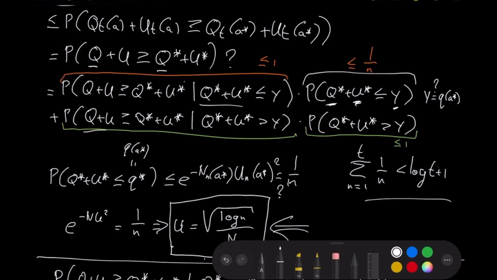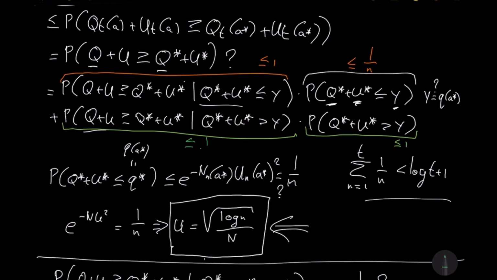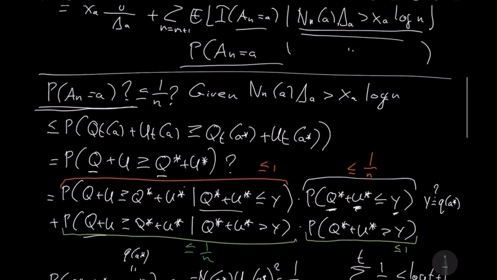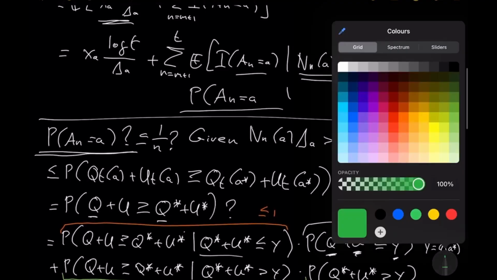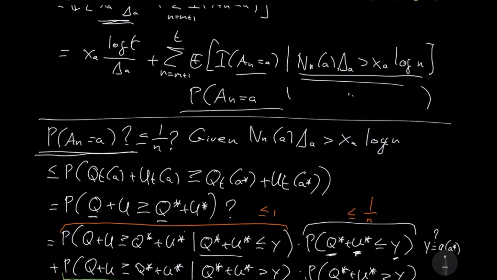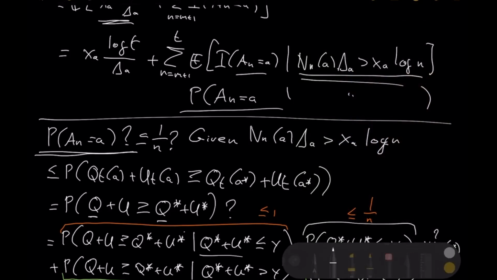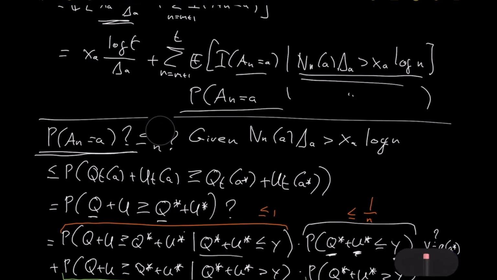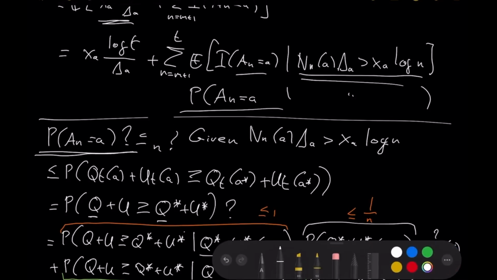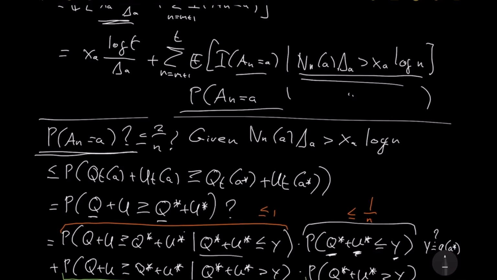Let's pick a nice green color again. We know that we can now bound this to be 1 over n. So that means if we go up here, that we were actually able to bound this to be, not quite 1 over n because we had these two different cases, but we were actually able to bound it as 2 over n.